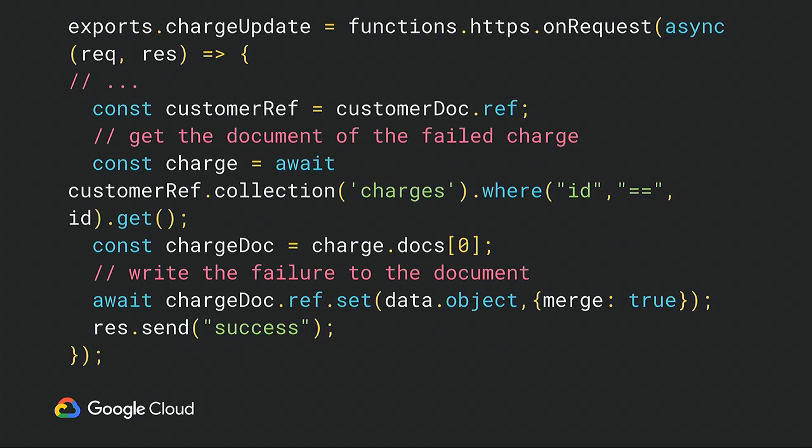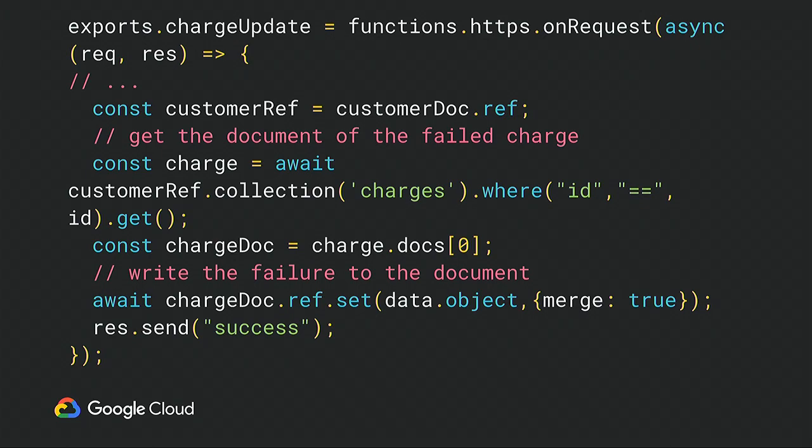Similarly, we want to know which of their charges something happened to. So now that we know which user it is, we can go into their charges and get the specific document where the ID of the charge is equal to the ID that was just provided from Stripe. Now we are going to add the information that changed in that charge to Cloud Firestore.